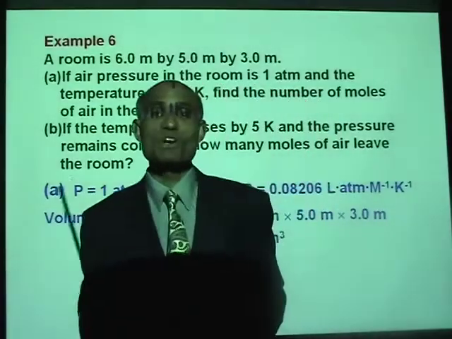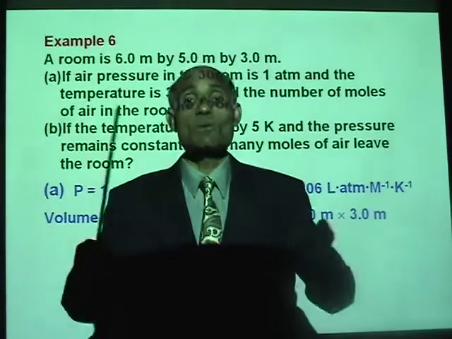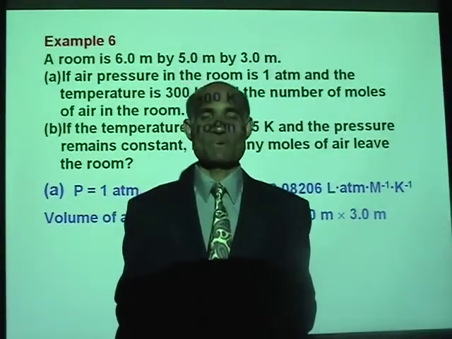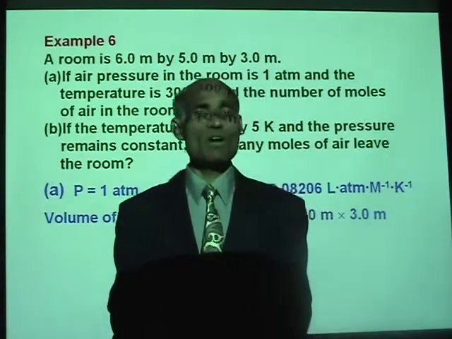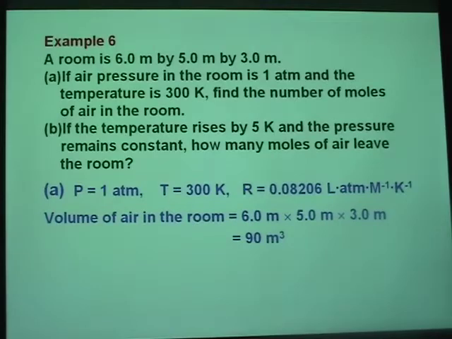Now, how many of you know how to convert a meter cube to liters? How many liters are there in a meter cube? Well, I don't know. Can I show that to you? Watch here. What is a liter? 1 liter is 1000 centimeter cube.